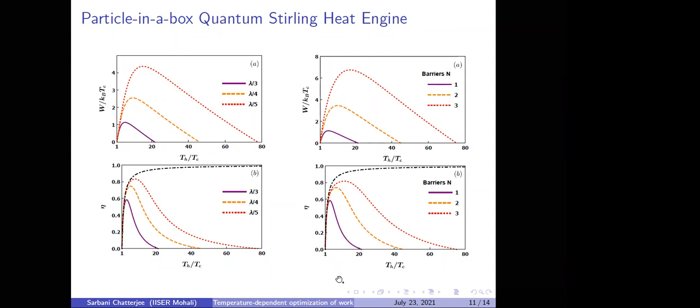So we can say that the higher the degeneracy, the greater the efficiency our heat engine will have. So degeneracy in a way assists or makes our engine better. Okay, maybe. Any more questions?